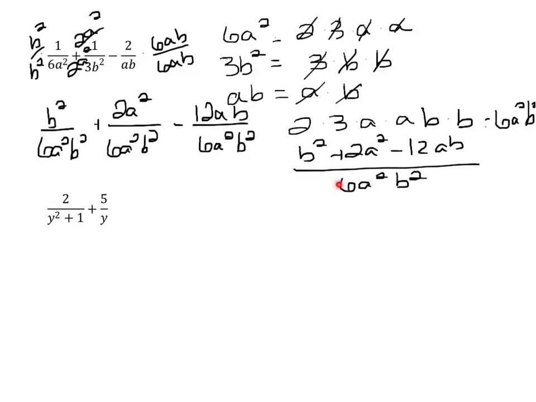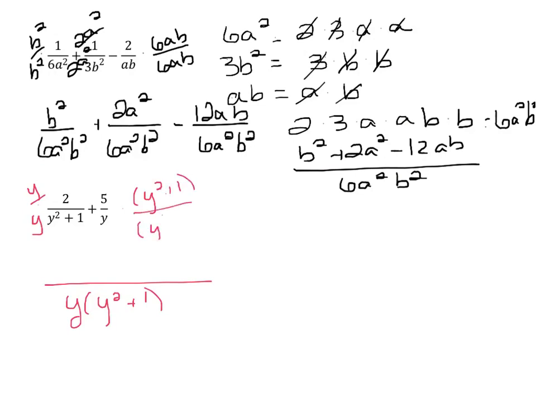Sometimes you have instances where there are no common factors, so really your common denominator ends up being the product of the two terms. So on the first one, you would multiply by y over y. On the second one, you'd multiply by y squared plus 1 over y squared plus 1.